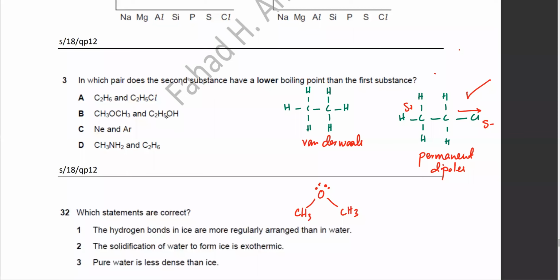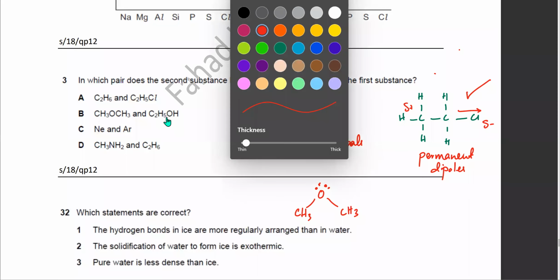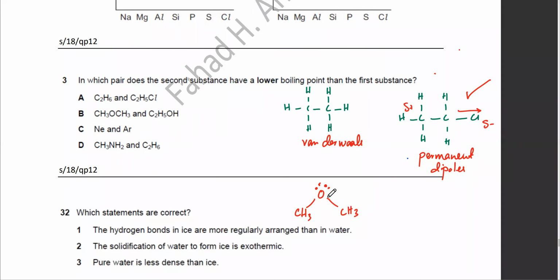This one won't have hydrogen bonding, because for hydrogen bonding to happen, the O must be bonded directly to H. Over here, the O is not directly bonded to H. Instead, it is bonded to carbon, and the carbon is then bonded to H. So it doesn't have hydrogen bonding, but oxygen is electronegative. So this side would be slightly negative and this side slightly positive, but not a strong dipole. It's just going to be permanent dipoles. I'm just going to write PD over here.